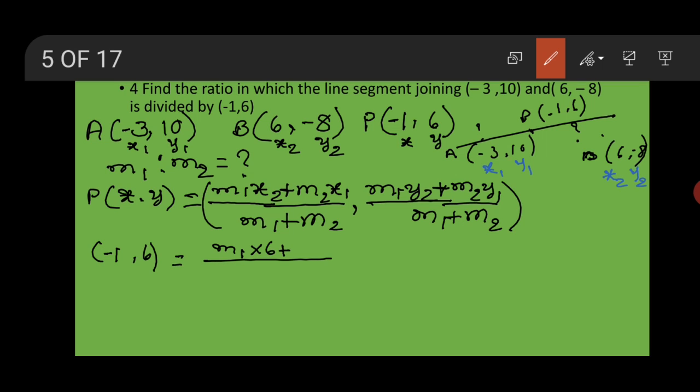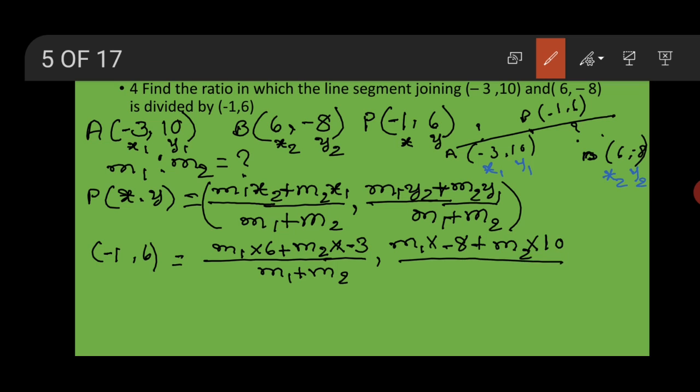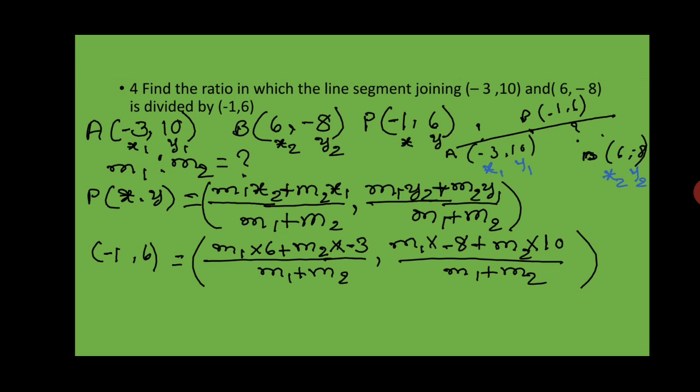Now x is minus 1, y is 6, that's equal to m1, unknown, into x2, which is 6, plus m2, also an unknown, keep as it is, into x1 value minus 3, divided by m1 plus m2, comma m1 into value of y2 minus 8 plus m2 into value of y1, 10, divided by m1 plus m2.